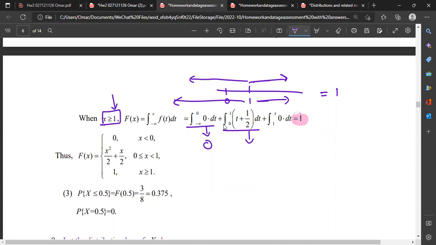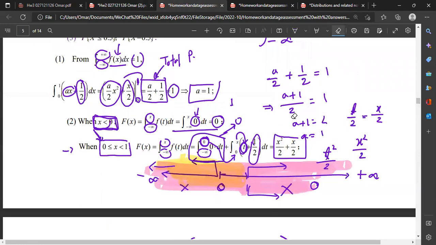Here our boundary is firstly from minus infinity to 0 and then from 0 to 1. So we put the upper limit here and calculate the boundary. We already got the answer in here. It will be x squared by 2 plus x by 2.